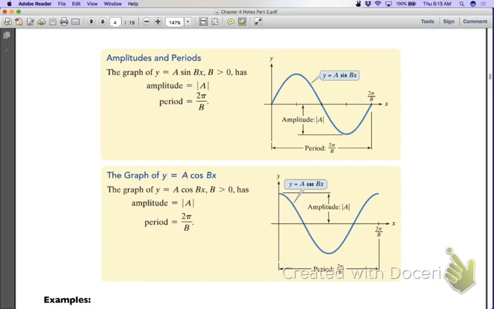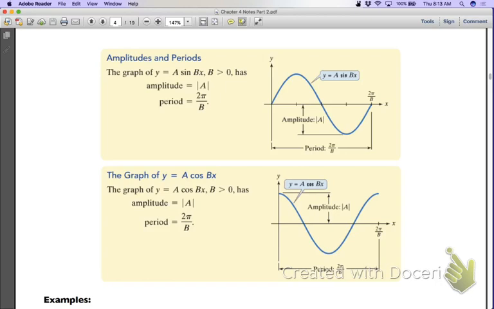A was the vertical shift or shrink, then H moved it left or right, and K moved it up or down. Okay, we'll talk about the phase shifts tomorrow, but for right now, instead of having a vertical shrink or stretch, now it's going to be a horizontal shrink or stretch.